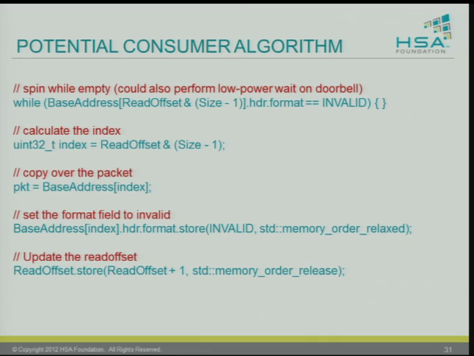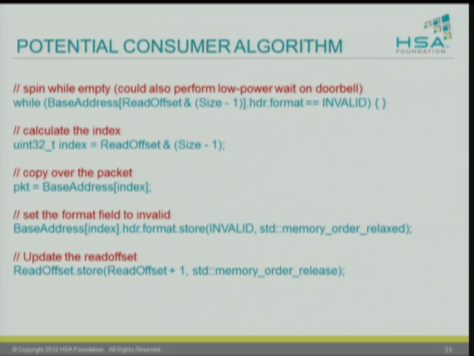Once it's no longer empty, you copy over the packet, and then you set it to invalid. And then you change the read offset with release semantics. This guarantees that all of these stores above are visible before the read offset is changed, and the producers know that a packet has been pulled off.